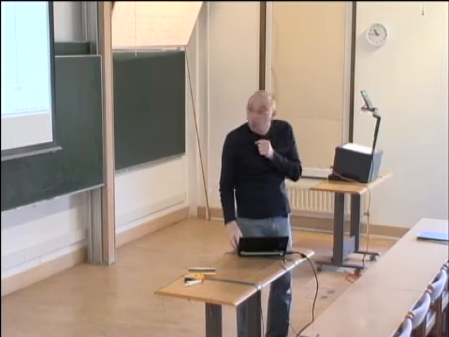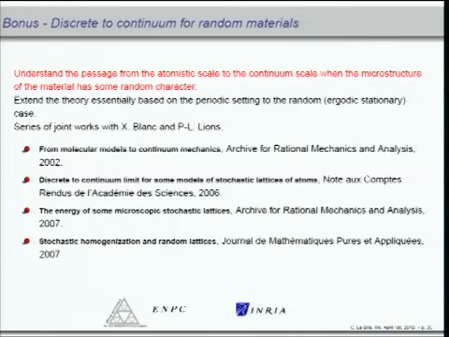Okay. So, there is one bonus, because we didn't come to this in the first place. Why did we consider this modification of materials by a random map? Why did we consider this fact of having defects in the periodic structure?